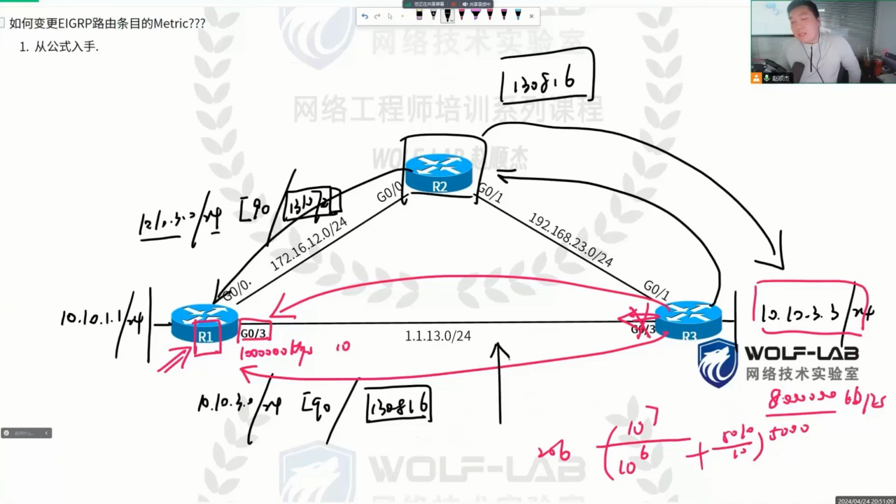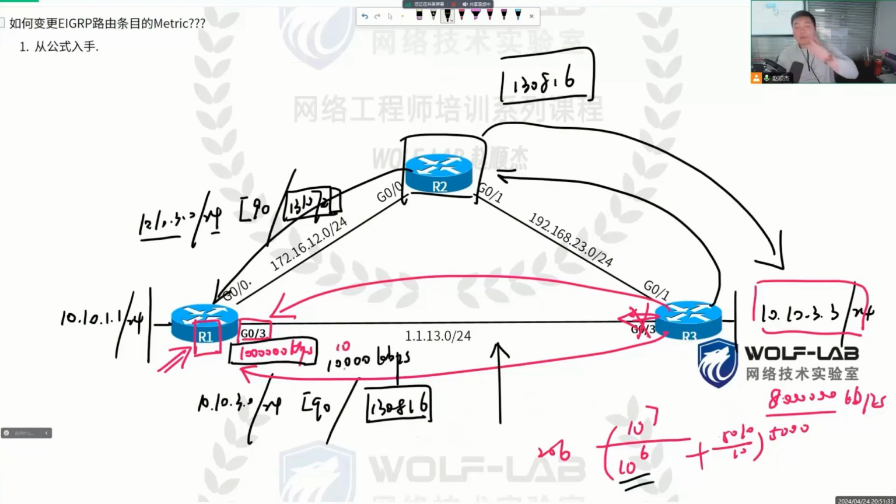Of course, that means if we change the transmission direction of our route entry, the parameters on this path can be changed. Finally, this total metric value depends on, for example, bandwidth. Now I change the bandwidth of interface 0/3 on R1. Currently the minimum bandwidth is 1 million kilobits per second. I change it to 10,000 kilobits per second, from 1 million to 10,000.